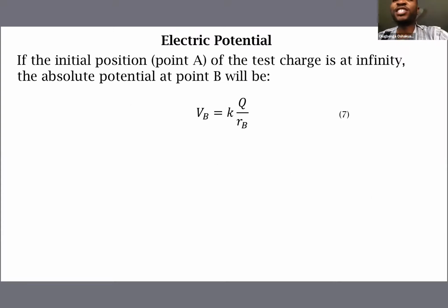So if the initial position, point A, of a test charge is at infinity, the absolute potential at point B will be equation 7. I think I've spoken about this earlier.